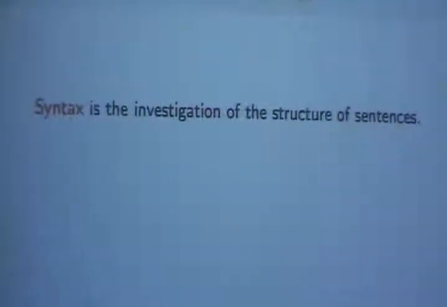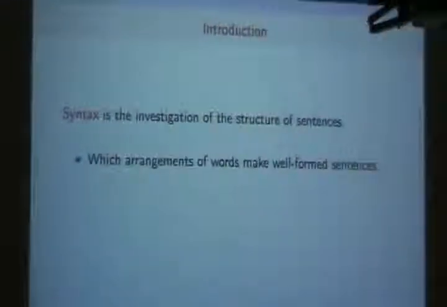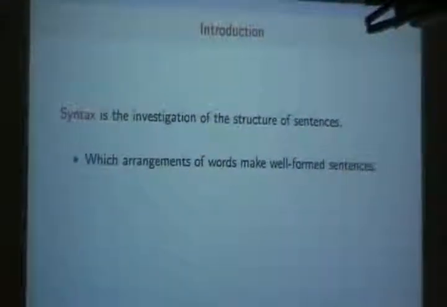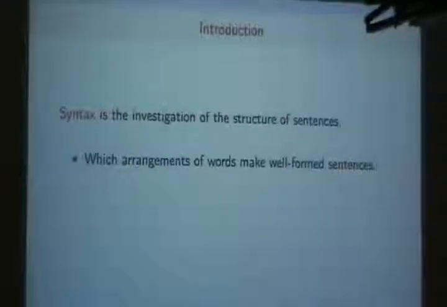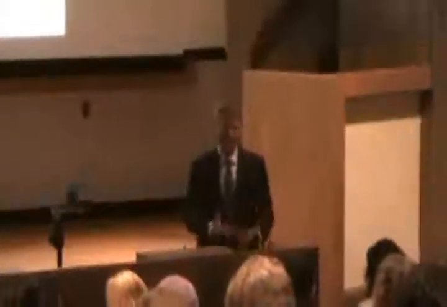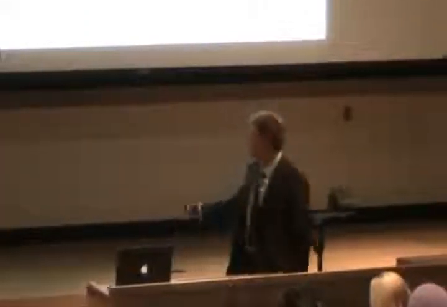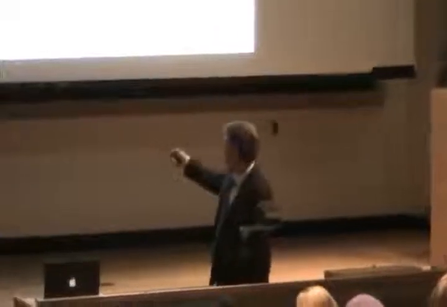Okay? So the first thing is we need to make clear what our goals are, what needs to be described. And one thing that needs to be described is the fact that certain arrangements of words, so certain ways of stringing words together, make English sentences, and others just make a list of words, not a sentence. So, for instance, the dog chased the cat is a way in which you can arrange these words, the, chase, dog, cat, that makes a sentence.